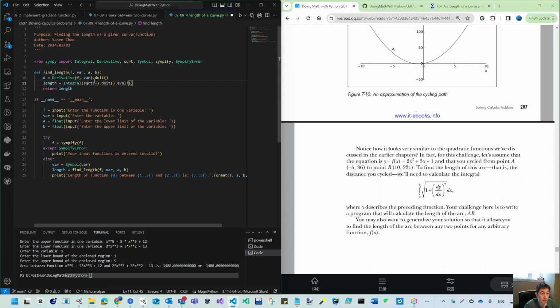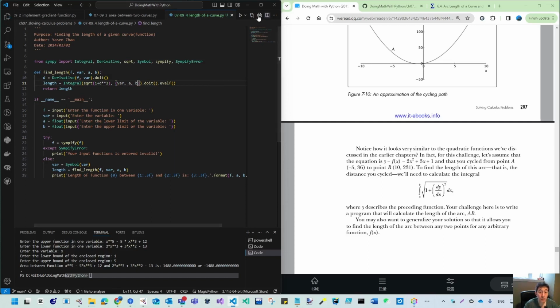Within the square root is 1 plus this d with the square. That is our first, the integrand expression. Then we put our lower and upper bound here, with this tuple, the variable, a and b. So that is the syntax.